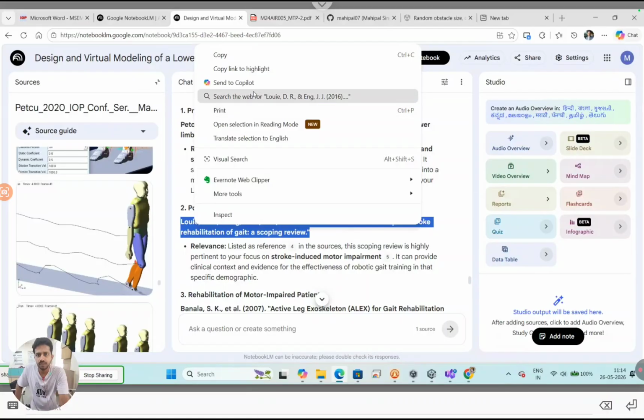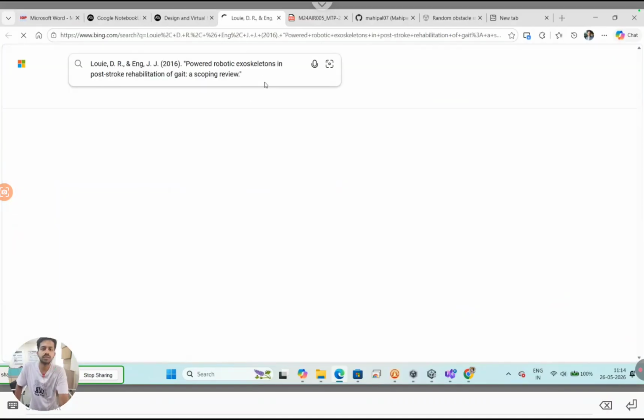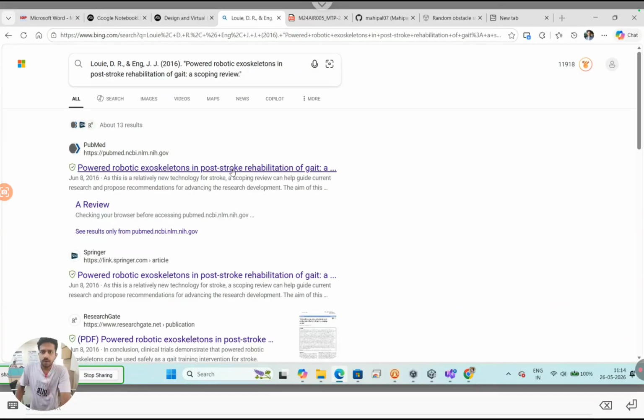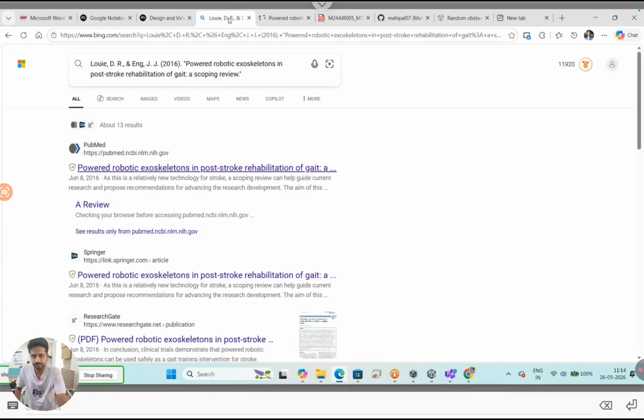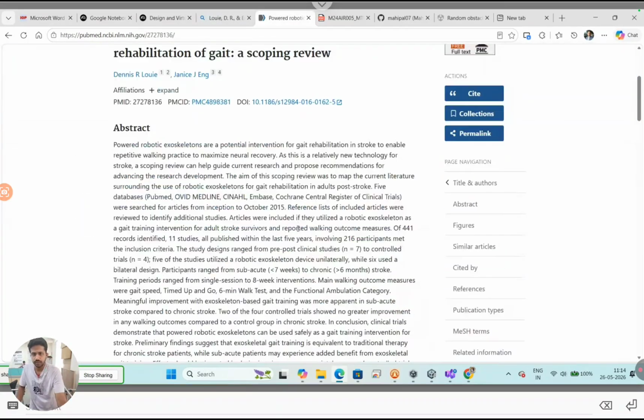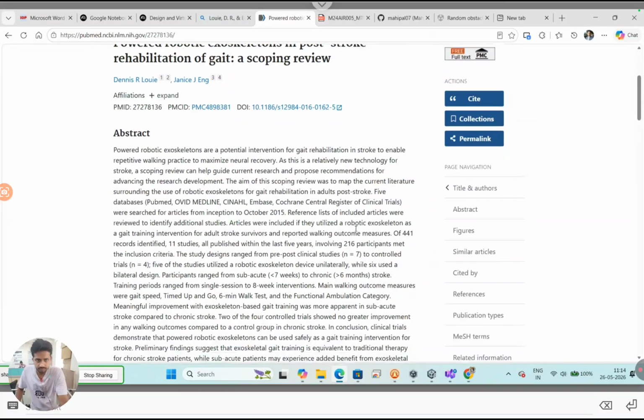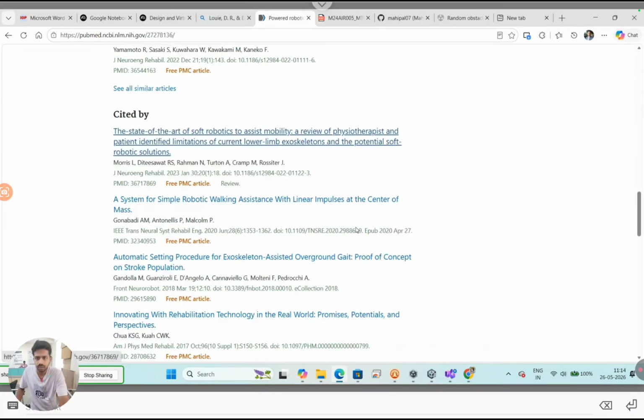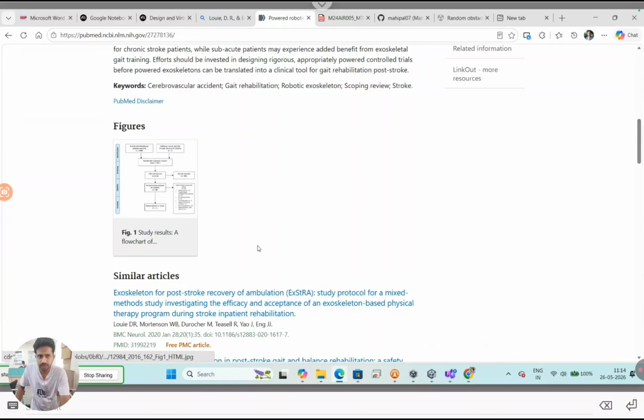You can get it. Powered robotic exoskeleton post-stroke rehabilitation of gait. Okay, it's opening now. So this is the paper. Let me see the paper. Figures are there.